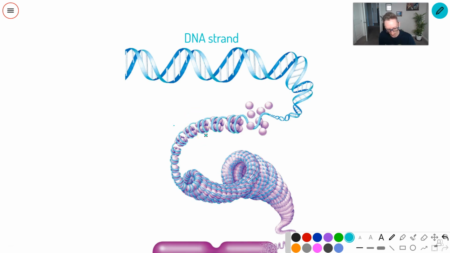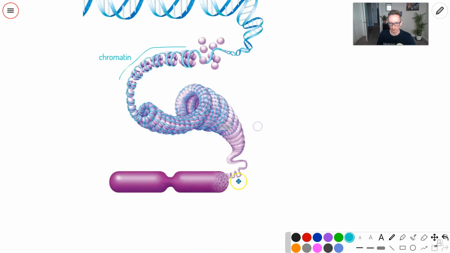So this would be chromatin right there, which is DNA around protein. That's chromatin. And then we have our loops of heterochromatin. You can see it spirals around like this, and then it forms these loops. And then we got this thing here, and this thing is a chromosome, or a chromatid.